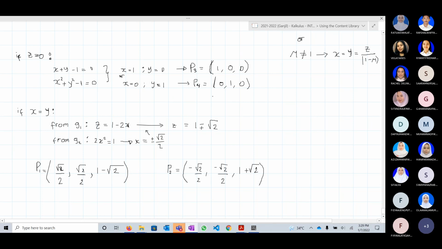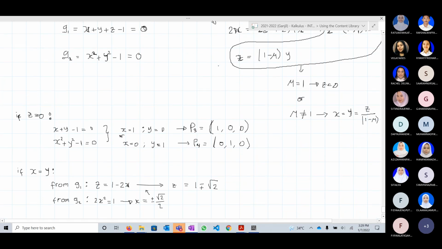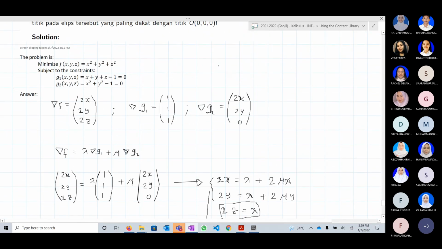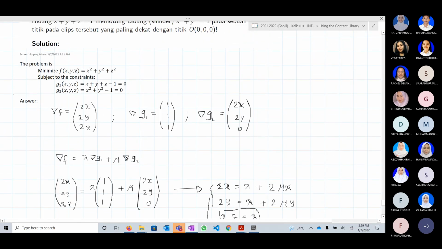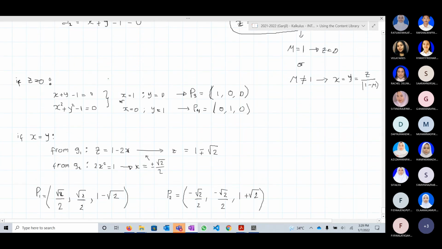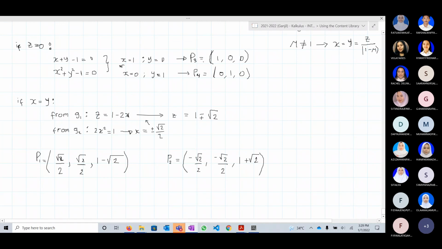Then after that, we simply need to compute the value of the function f on each point, P3, P4, P1, and P2.